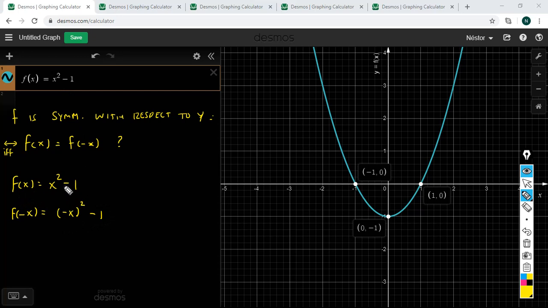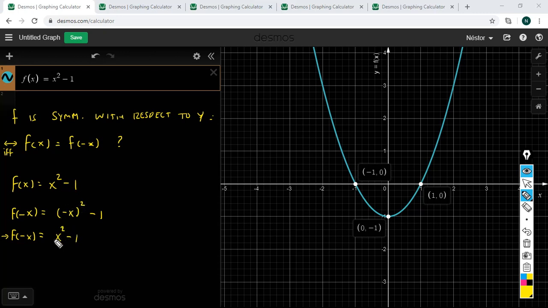So f of x is equal to this, and f of minus x is equal to this. Now, if I do a little algebra here, this implies that f of minus x is equal to minus x squared. But remember, when we square a negative number, in the end we will get a plus, right? Minus x squared is exactly the same as x squared minus 1. This is exactly the same as this.